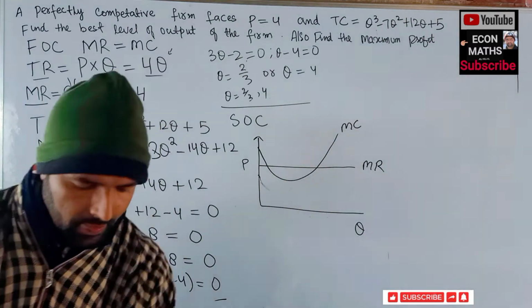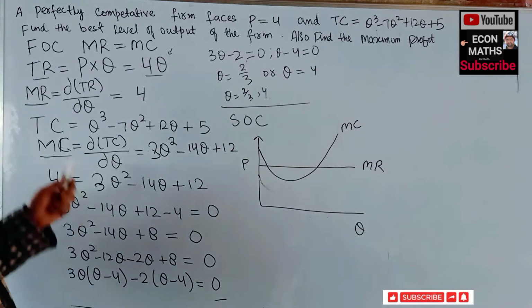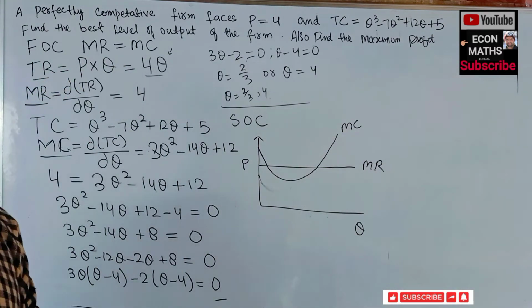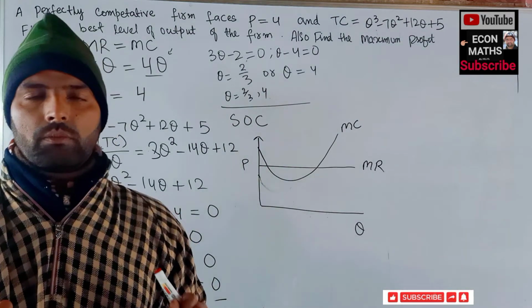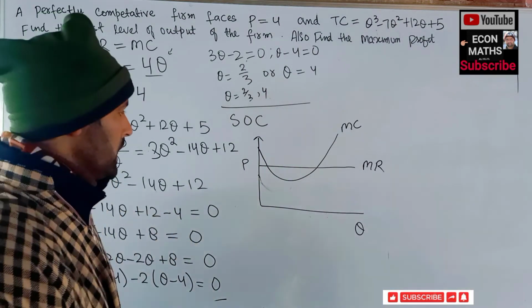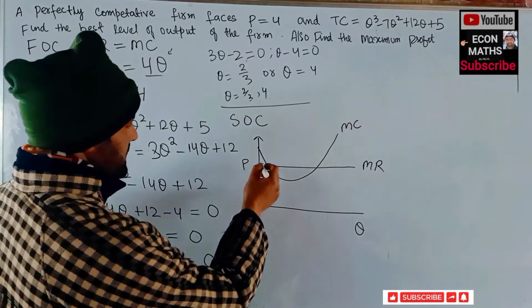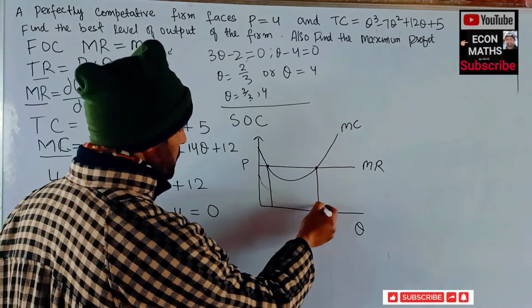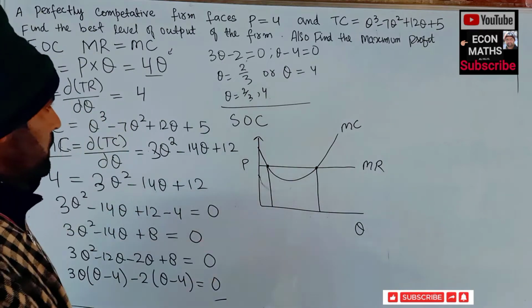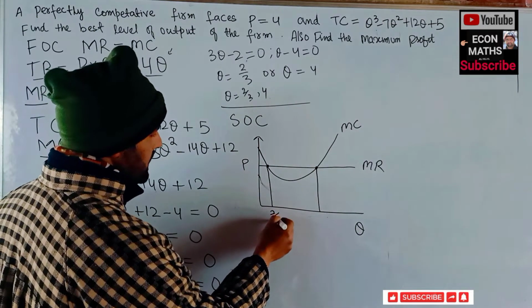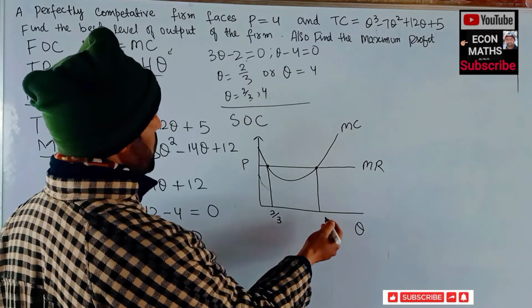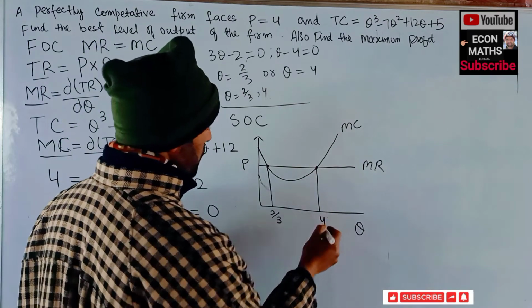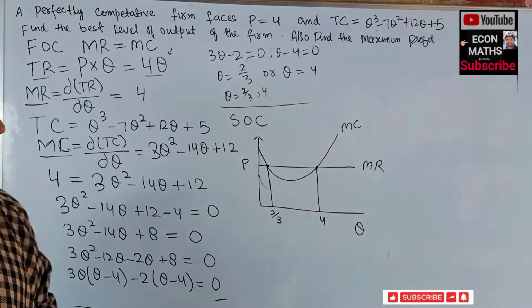So first order condition requires that marginal revenue should be equal to marginal cost. Here we can see marginal revenue and marginal cost are equal at 2 points, at this point and at this point. At this point our output level is 2 by 3, and at this intersection point our output level is 4.